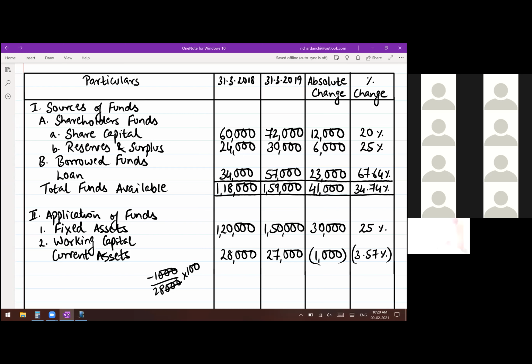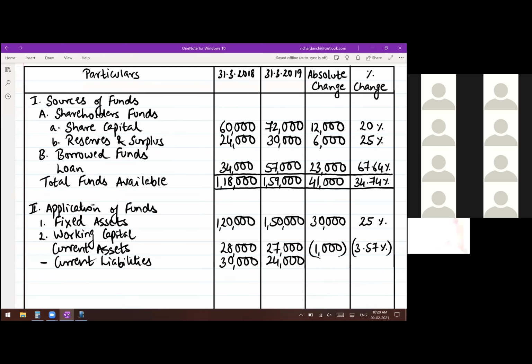Then minus current liabilities is the next item. Last point, current liabilities 30,000 for 2018 and 24,000 for 2019. Again, current liabilities are decreasing. What is the absolute change?